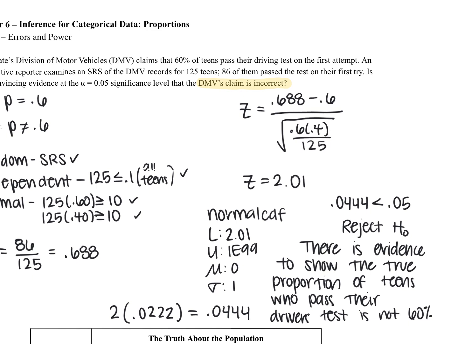Don't know what it is, but we're just going to say it's not 60%. It could be higher, it could be lower, we don't know.